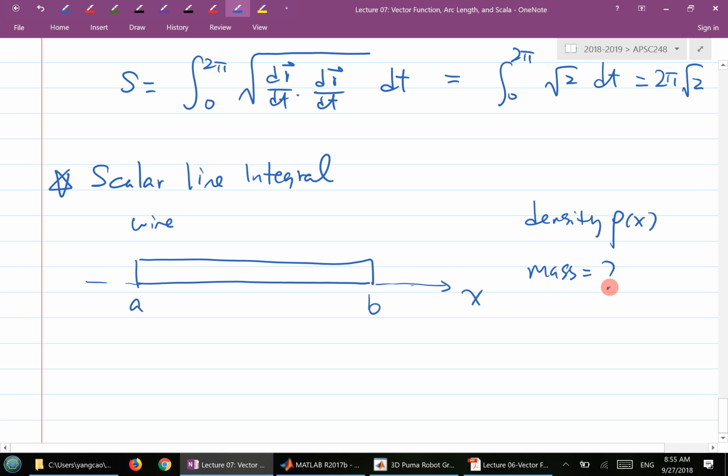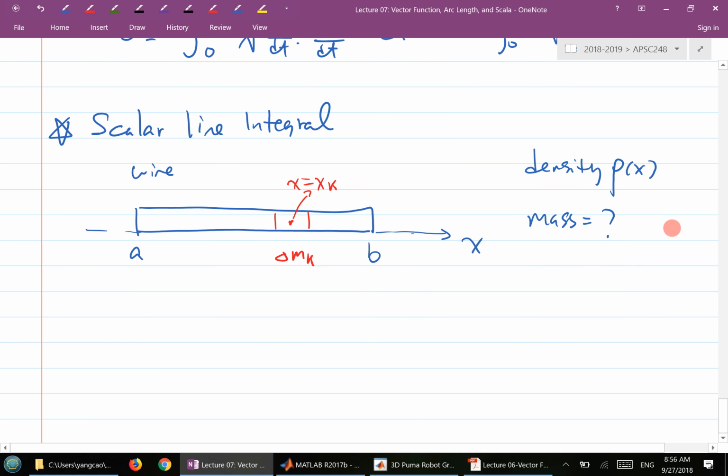I'll show you quickly the steps that you have learned in the first year. I'm going to pick a small mass anywhere between A and B. Suppose you pick a small mass at an x_k location, so you have a delta m_k there, a very small segment.